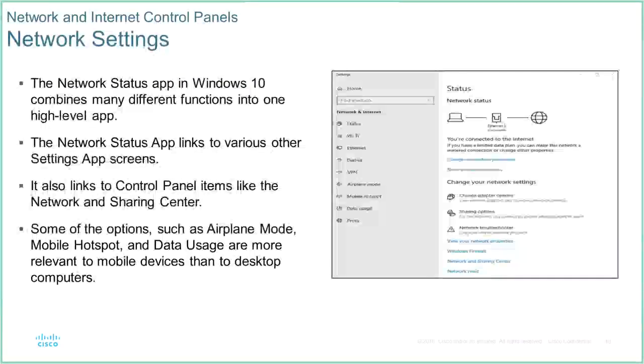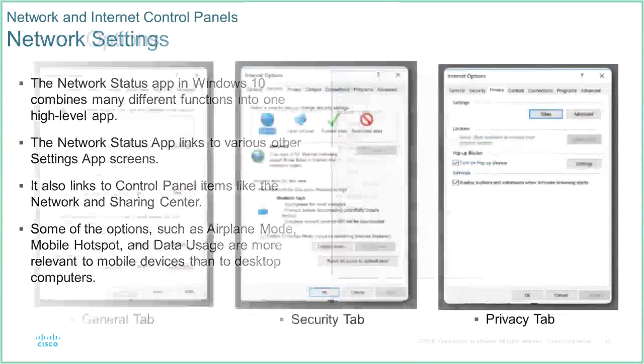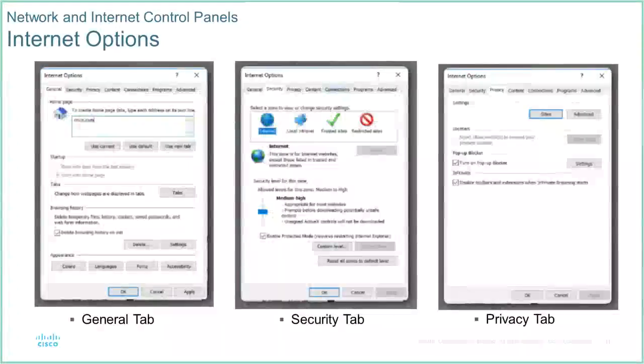If you've got this on tablets and things like that, you'll have your mobile hotspots, airplane modes, and other things that you would not normally find in a laptop. You would have an airplane mode in a laptop turning off your Wi-Fi, but you wouldn't have it on a desktop. Alright, so it's a one-stop settings for all the various devices that this operating system will go on.